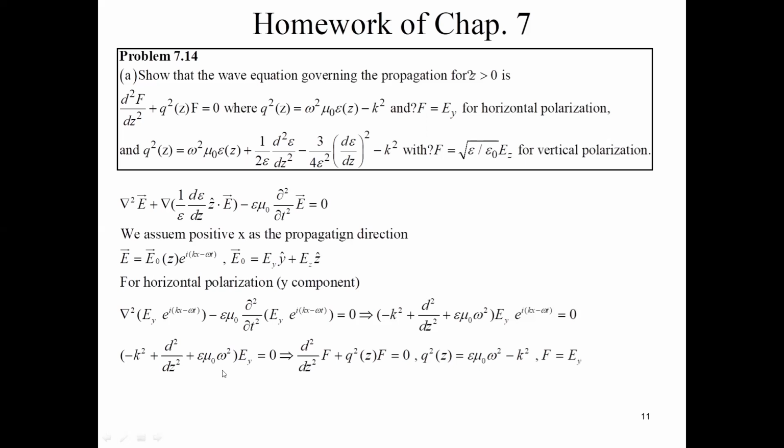We know that this is the same as this if we set q squared equal to epsilon times mu 0 times omega squared minus k squared, and f equal to E_y.